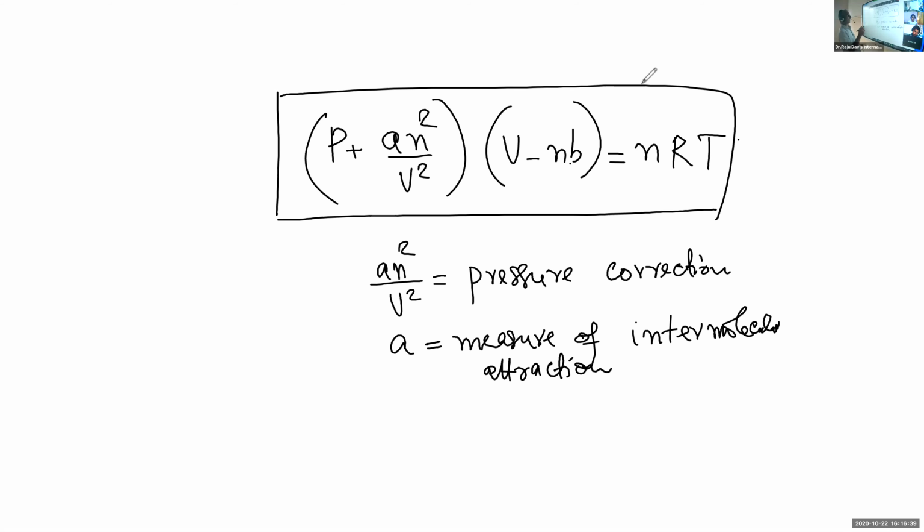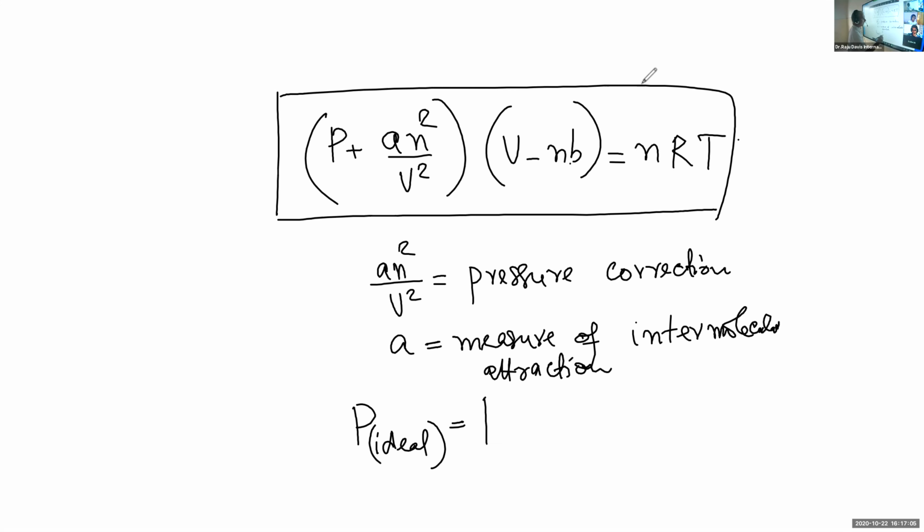He increased the pressure. Here P is the measured pressure, or the real pressure. Real pressure means the measured pressure of the gas. So the ideal pressure, say P ideal, is not the measured pressure.